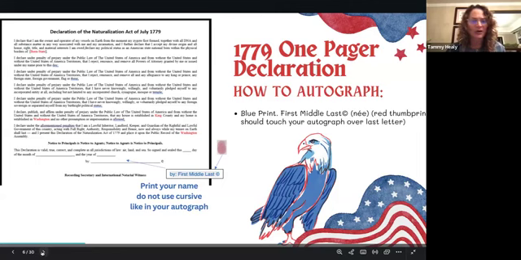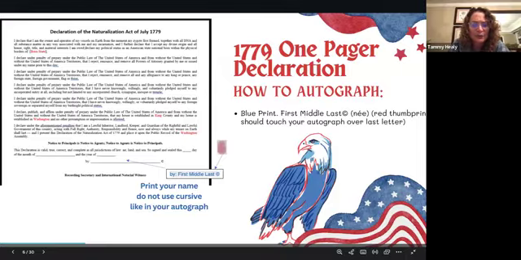All right, now how to autograph. This is the only document, by the way, that you are going to print your name. You do not autograph it with cursive. Right here in this lower part, it says print your name, do not use cursive, like in your autograph.